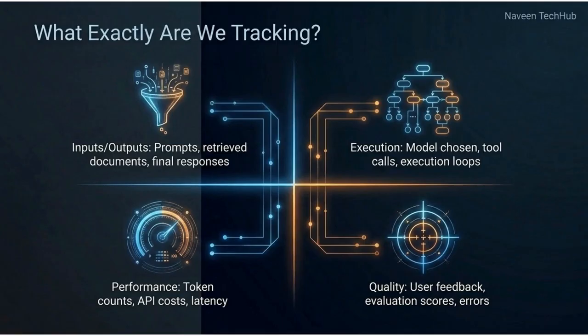What was the latency? How much did the request cost? And fourth is quality. Was the user satisfied? Was the response relevant? Was there an evaluation score or an error? So, LLM observability is not just logging prompts. It combines application behavior, performance, cost, and quality into one view.